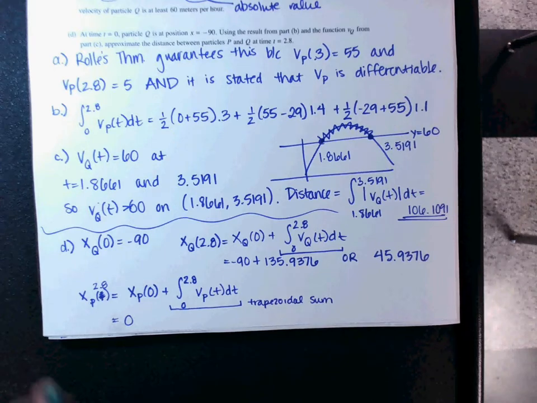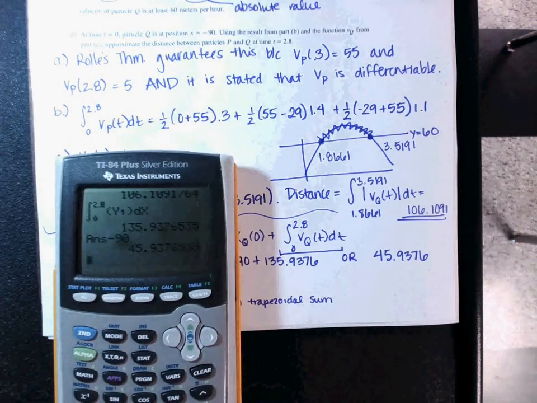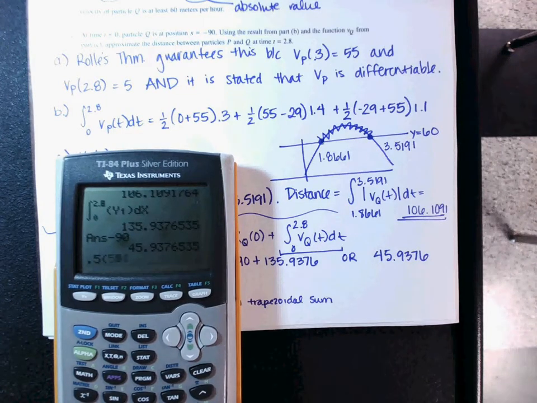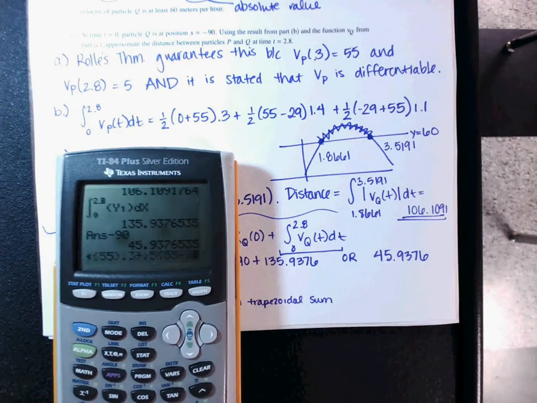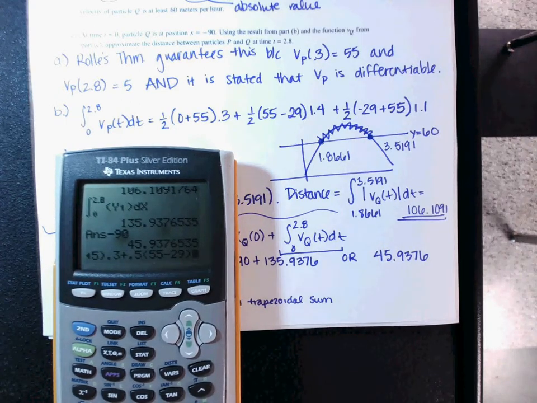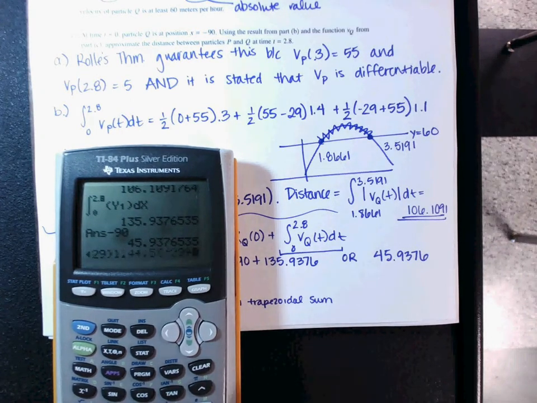Now, I haven't added it up yet, but I'm going to go ahead and do it now. So I would have had 0.5 of 55 times 0.3 plus, 0.5 times 55 minus 29, then multiply that by 1.4 plus, then I would have had 0.5 negative 29 plus 55 times 1.1.